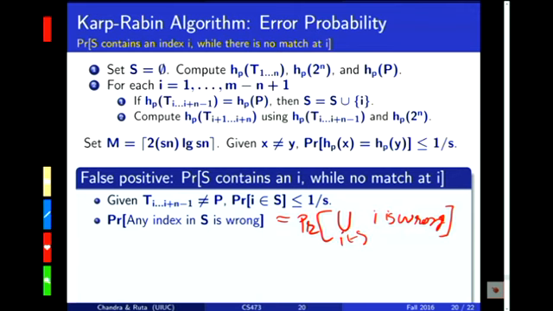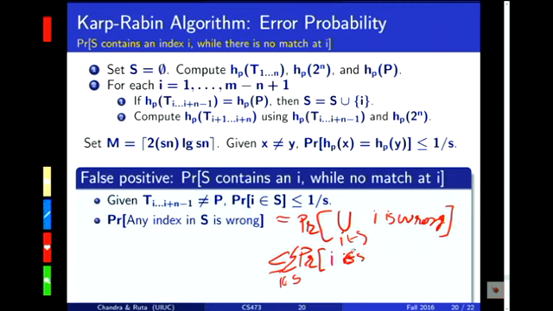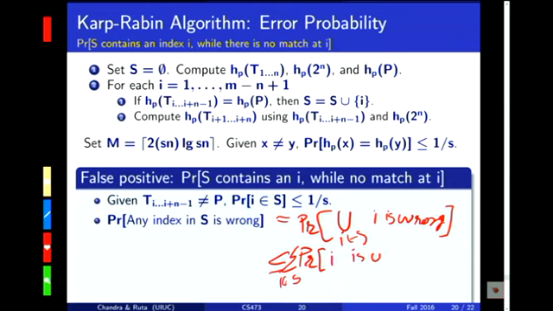By union bound, this is at most the summation over i in S of the probability that i is wrongly in S. Now what is the bound?